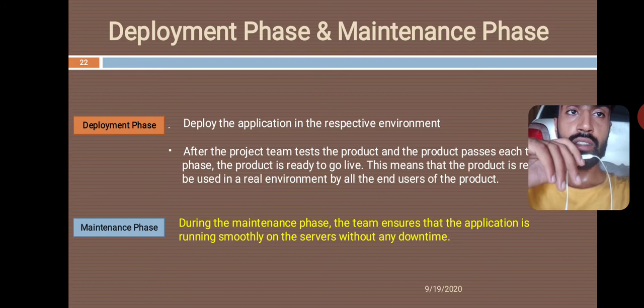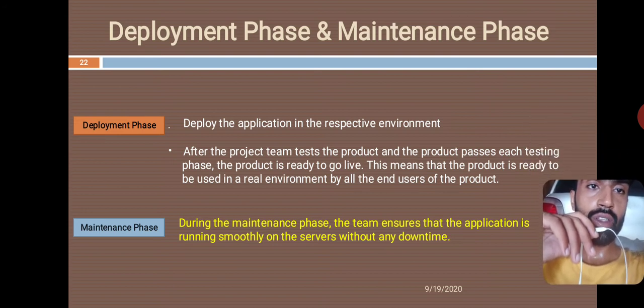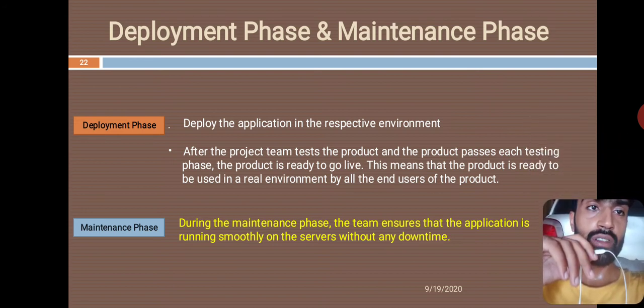Development phase and maintenance phase. Development phase: deploy the application in a representative environment. After the project team tests the product and the product passes each testing phase, the product is ready to go live.